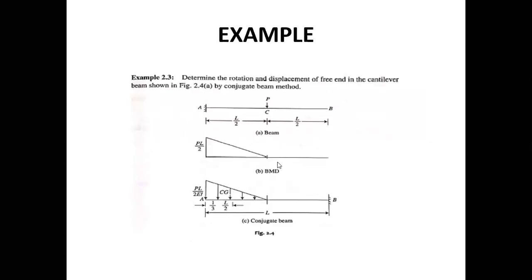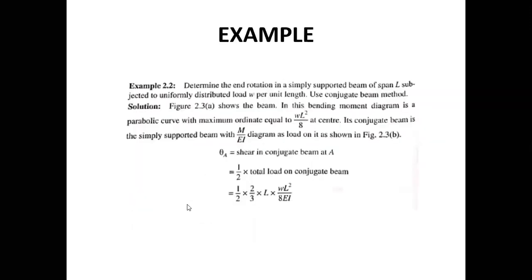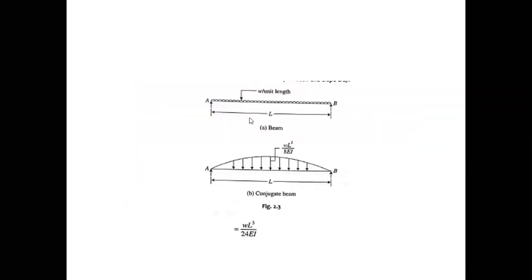So this will be the shear force at A, and that will be equal to the rotation at A. Again, if we are concerned to calculate the deflection at any point, we'll calculate the moment at the same point in the conjugate beam, and that will be equal to the deflection at the same point.